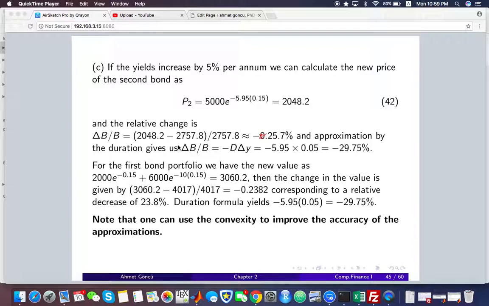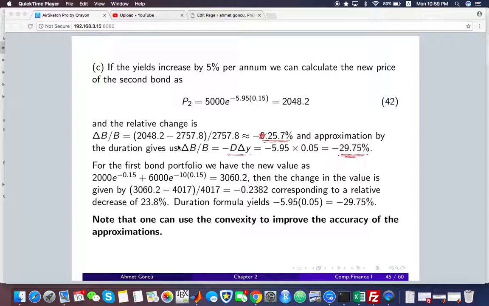It is going to go down by almost 26%. And if you use the first order approximation using our duration formula, this gives us about a 30% decrease. However, the difference between the approximation obtained from duration and the exact change we calculated here is now larger than before. So this shows that as the change in the yield increases, the first order approximation is not as reliable as before.